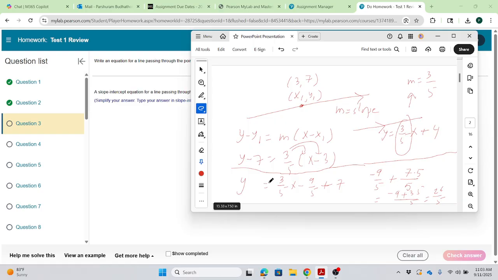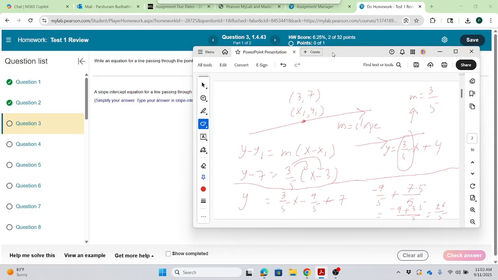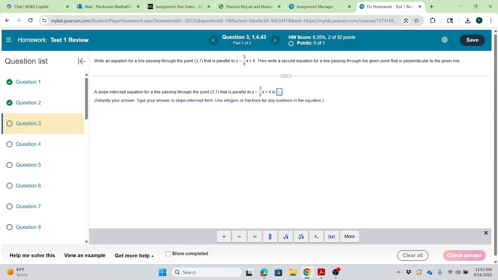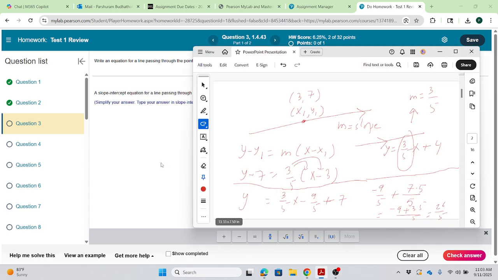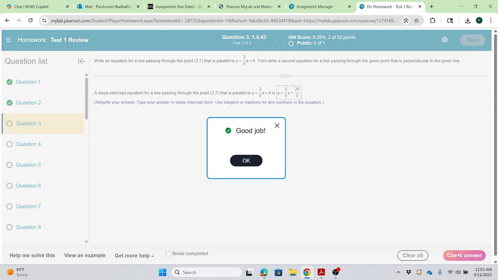So the equation would be y equal 3 over 5x plus 26 over 5. Let me double check. 26 over 5. That's the equation.